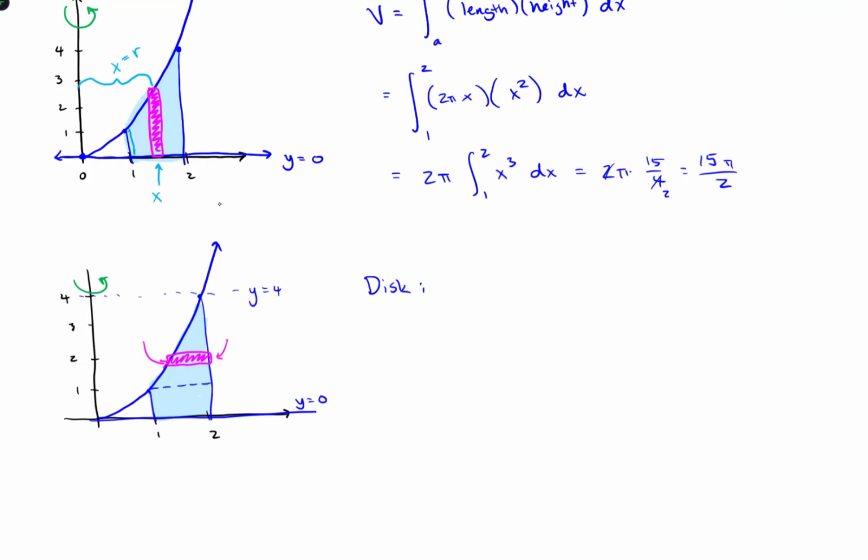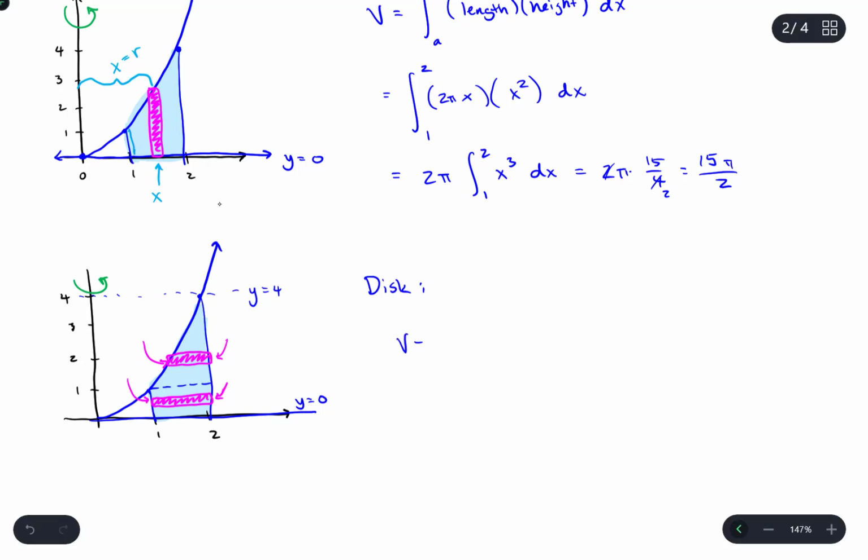Because I would be integrating from 0 to 4. The thing is, the most positive part of the rectangle is the same on the entire interval, but it's not on the bottom.